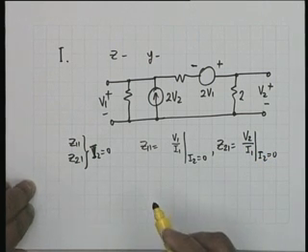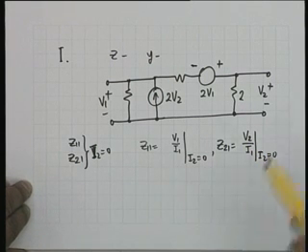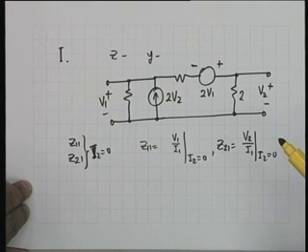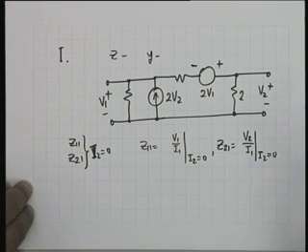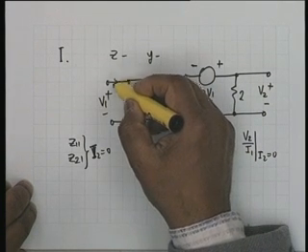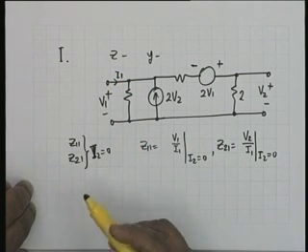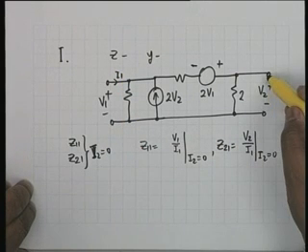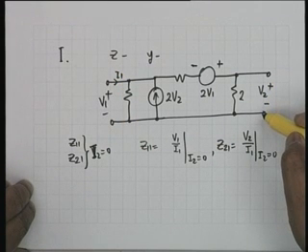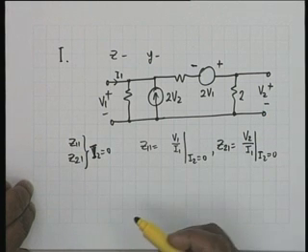So let us keep I2 equal to 0, and therefore these terminals are left open, and we have to find out this current I1 and this voltage V2. Then we will be able to find out both these parameters.